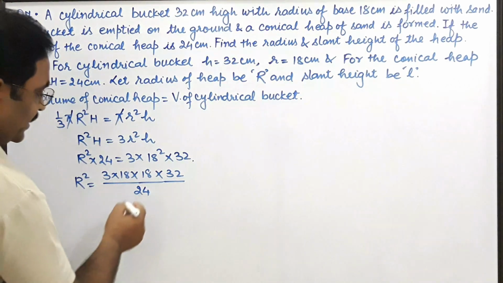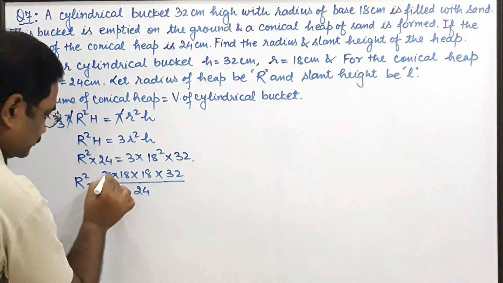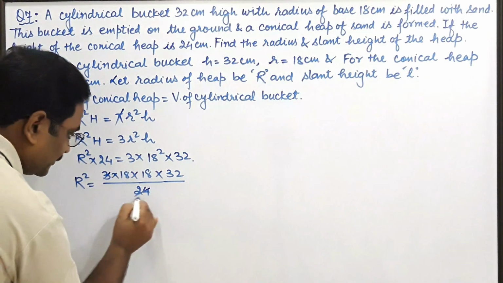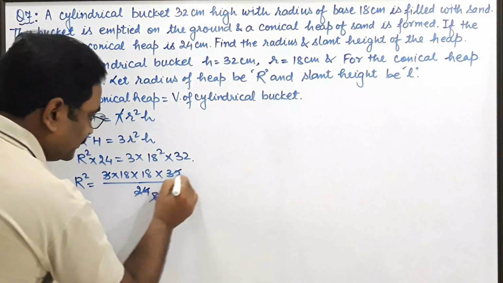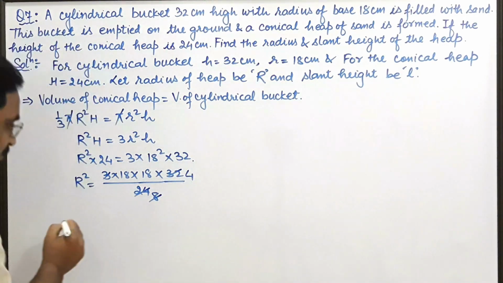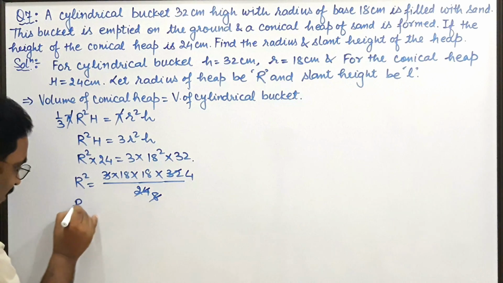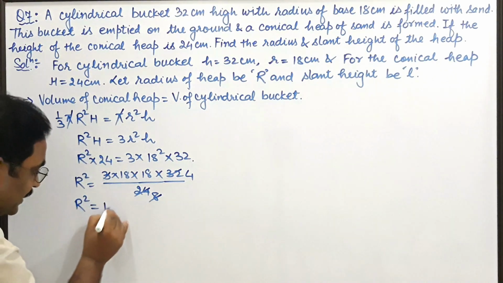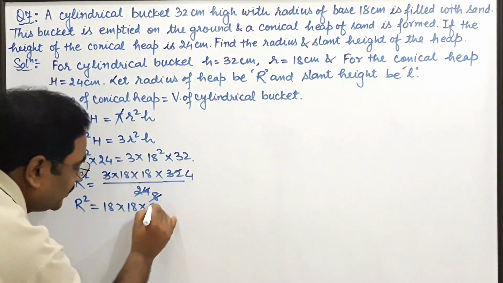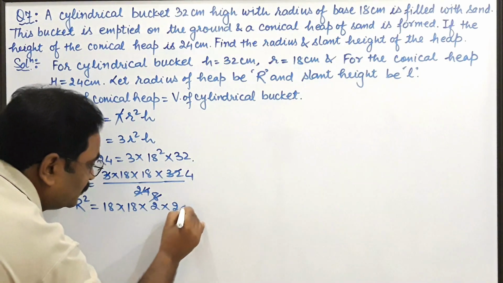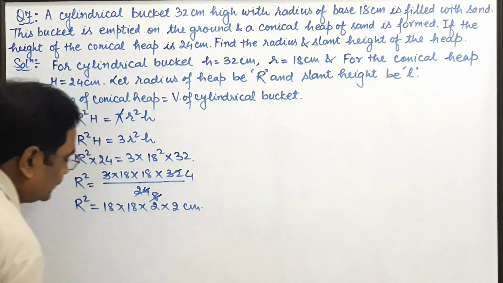So let us simplify it. 3 8s are 24 and 8 4s are 32. So the R square can be written as 18 multiplied by 18 multiplied by 4, that can be written as 2 into 2 centimeter.